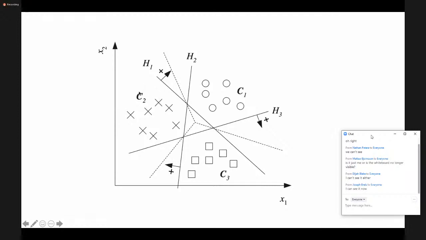And then for class 2, we do the same thing. We're separating class 2 from the combination of class 1 and class 3 by learning this single linear model. And finally, for class 3, same thing. We're learning a single classifier separating this class from the combination of C1, C2, as shown here.